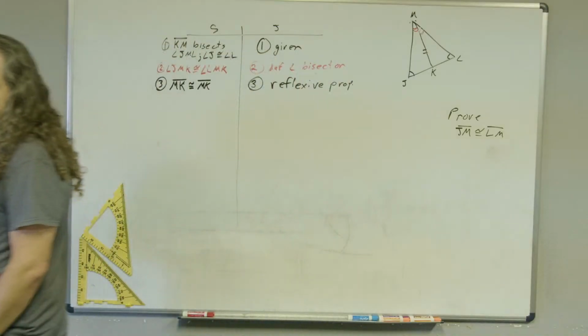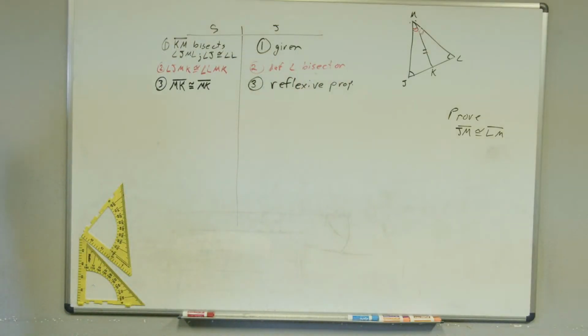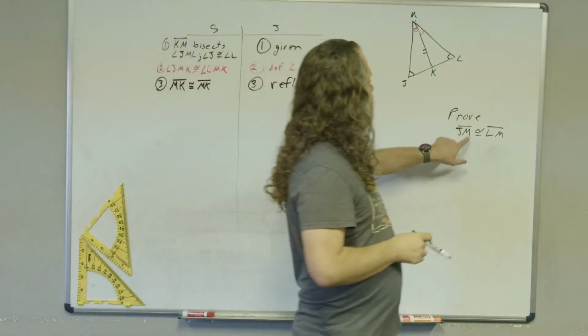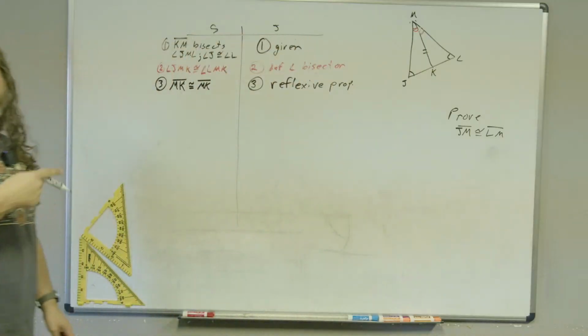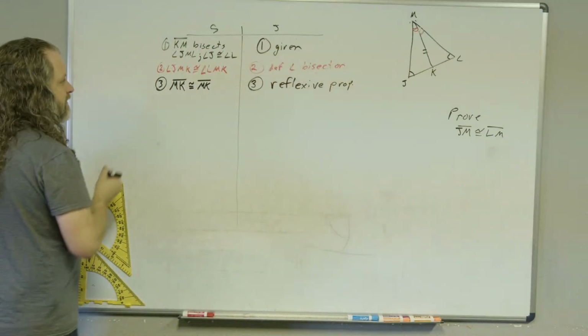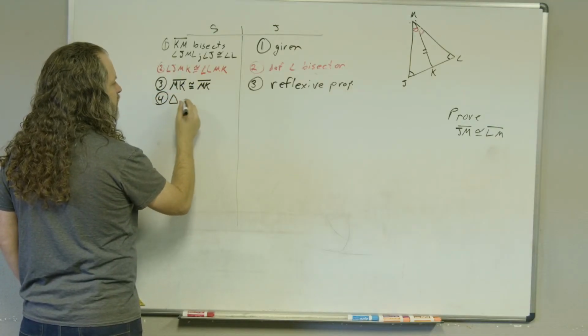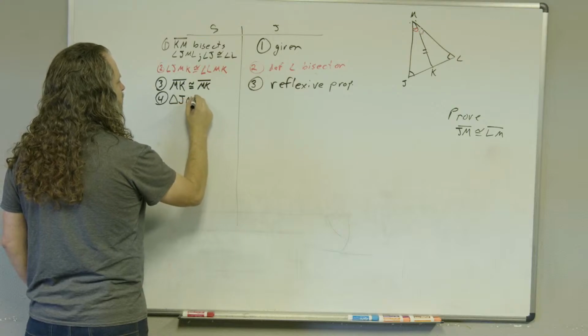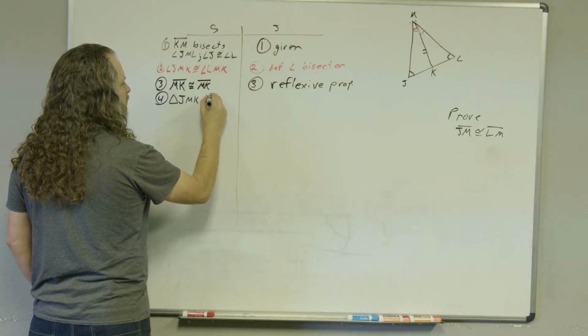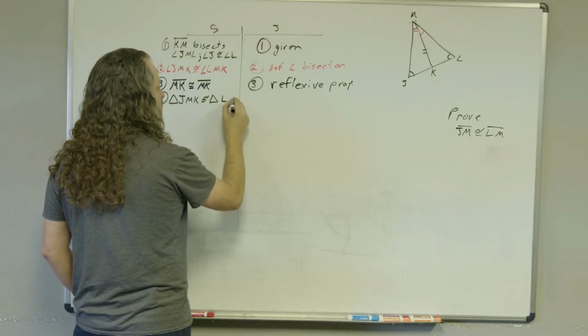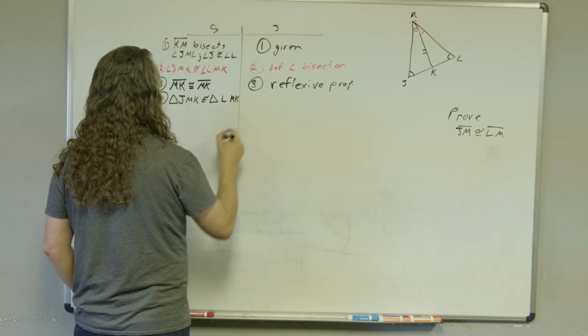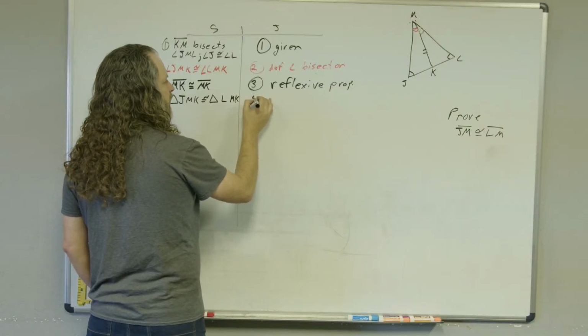Now what can we say? Well, the triangles are proved, right? We got to do one more step to get to this, but the two triangles are congruent, right? So triangle JMK is congruent to triangle LMK because of why?